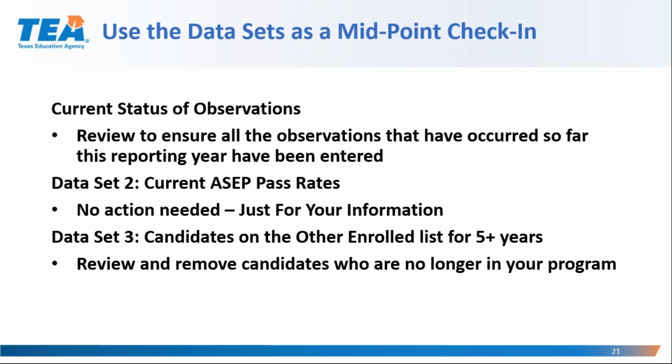That candidate will continue to roll over to a new list every year, even though he or she is no longer enrolled. Please take some time to clean up your finisher records list by verifying enrollment status and the certificate sought for current candidates, and remove or correct enrollment records as needed.